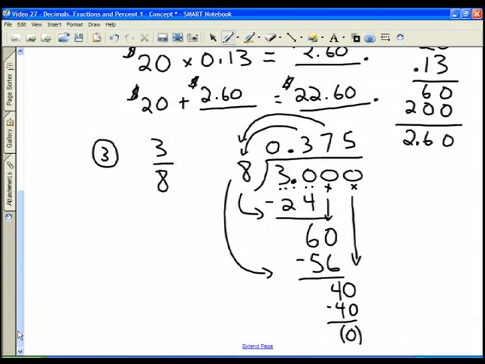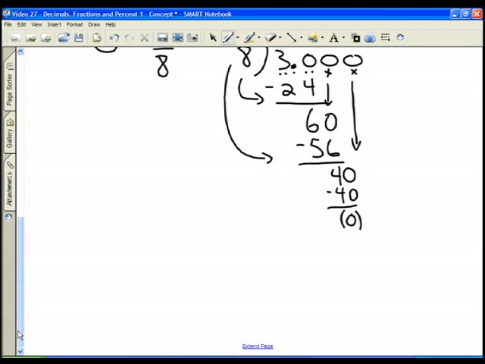So 3/8 as a decimal would be 0.375. And so if 3/8 is equal to 0.375, that's also equal to 37.5%.